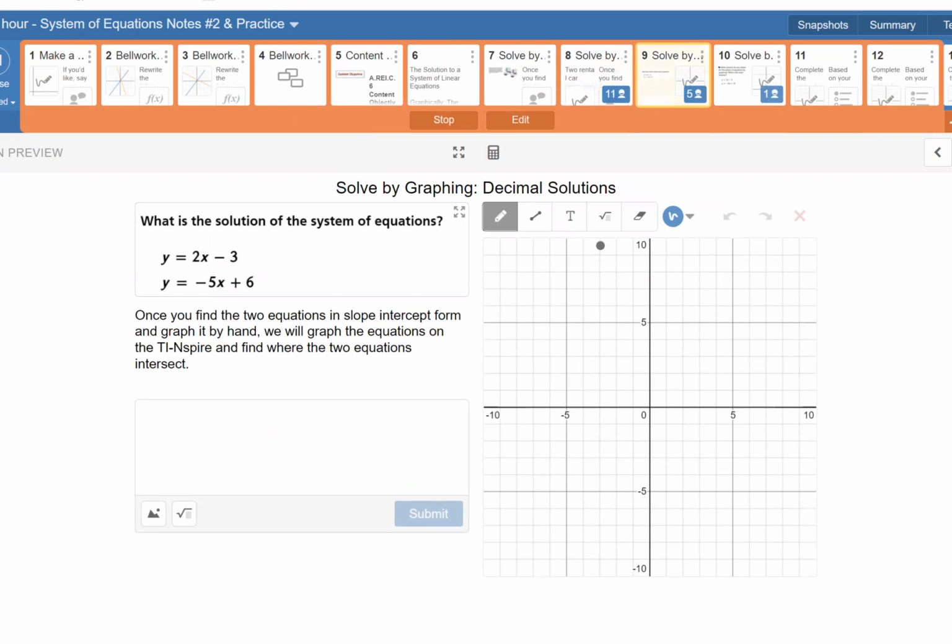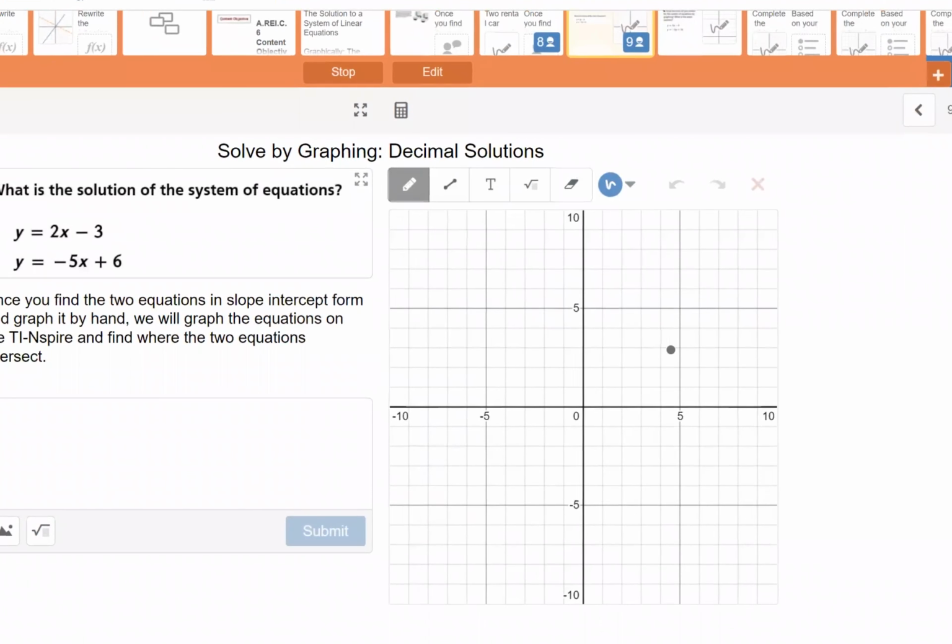So for this, all I need you to do is plot the points. Going to begin at -3, 1, 2, 3. And just use your mouse, guys. Just click. Up to right 1, click. Up to right 1, click.